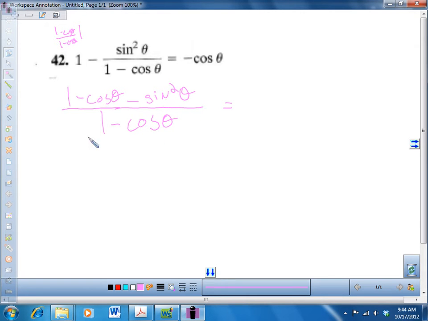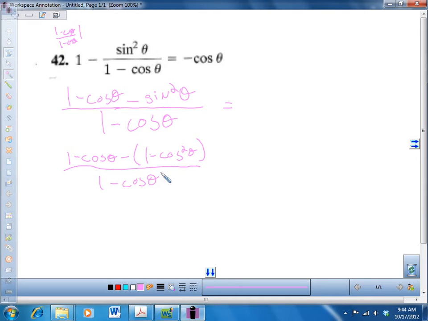So now what I'm going to do next is rewrite this. Since I have cosine over here and cosine down here, I have a hunch that I want to turn this into cosine, because I've had a lot of experience and I have a hunch that something's going to disappear when I turn this sine squared into 1 minus cosine squared theta, over 1 minus cosine theta.